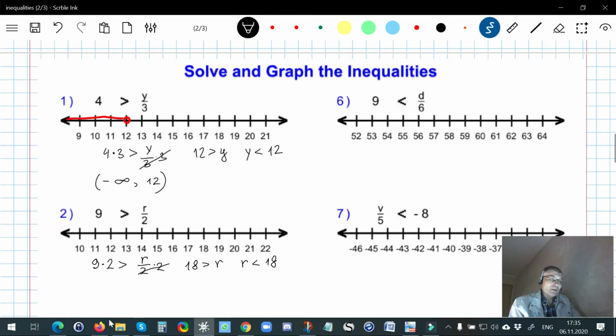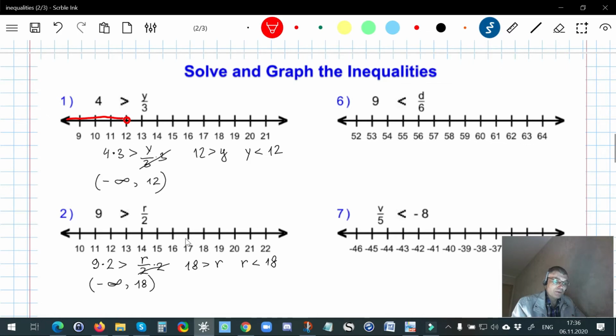Then, for a change, I'll write first the interval notation. Again, it's to the left from 18, to negative infinity, from negative infinity to 18, and it's open. All right. I wanted to go further, but actually I have to graph it.